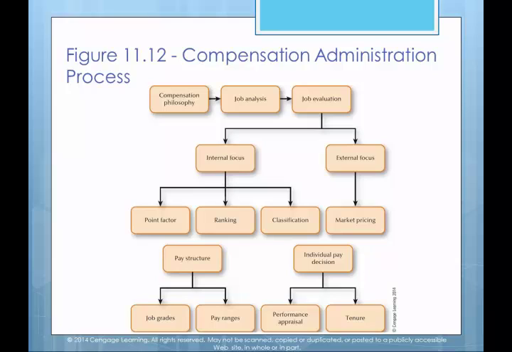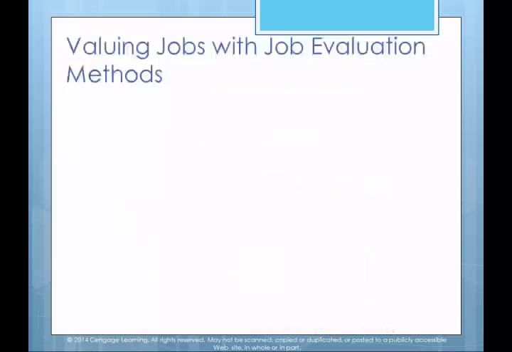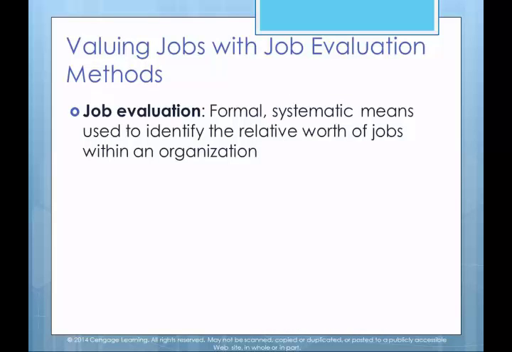Now, let's talk about compensation administration. This is a great chart. Talks about the way you get from a compensation philosophy down to the actual grades and pay and all of that. The job evaluation, everything really starts with the job evaluation once you have a strategy.